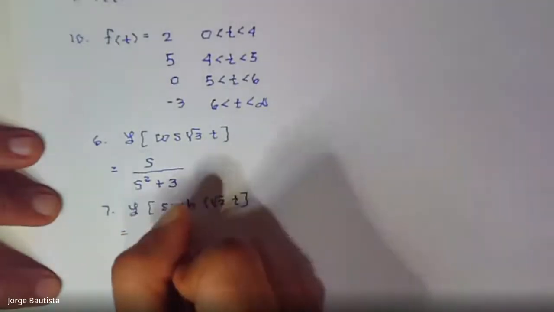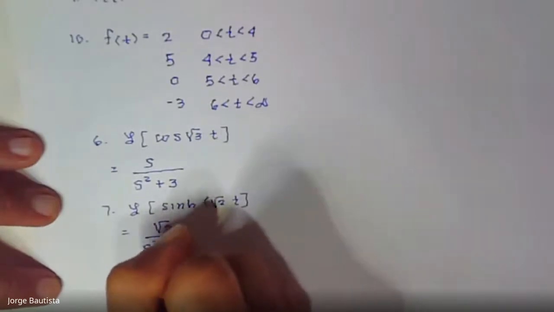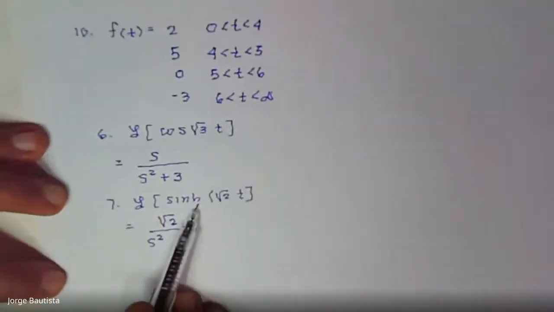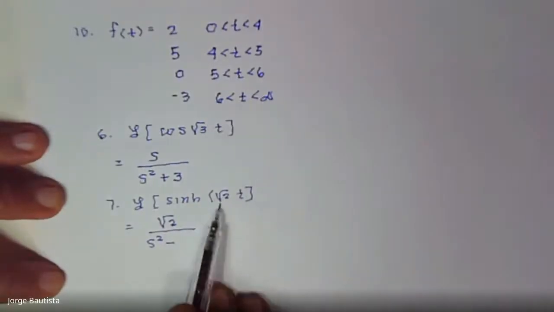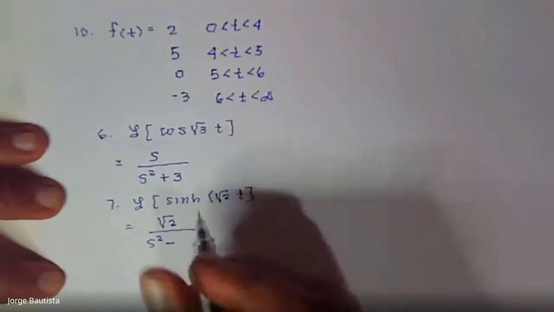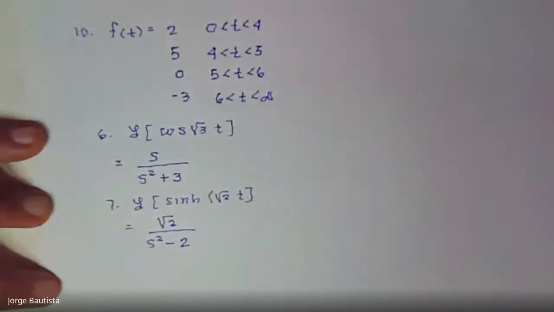Okay, so that is square root of 2 all over s squared. Since this one is hyperbolic, it will become minus. No? And then square root of 2 squared, that is equal to 2. Okay? So hyperbolic yan ha. So kailangan minus.